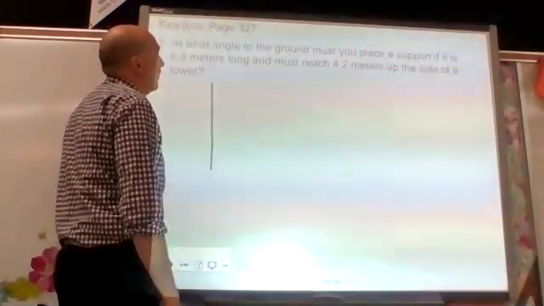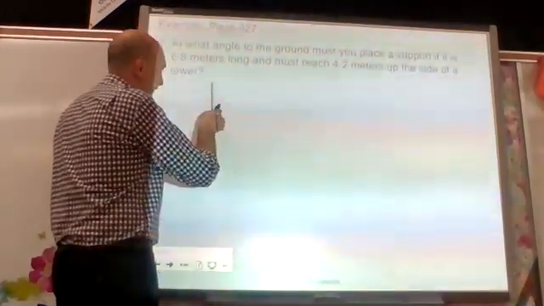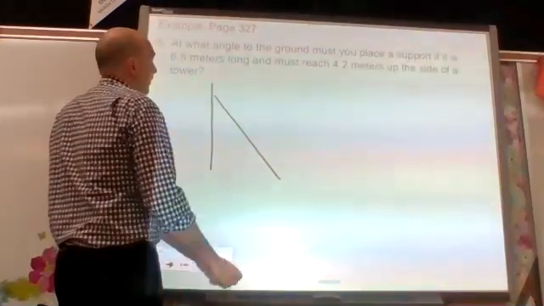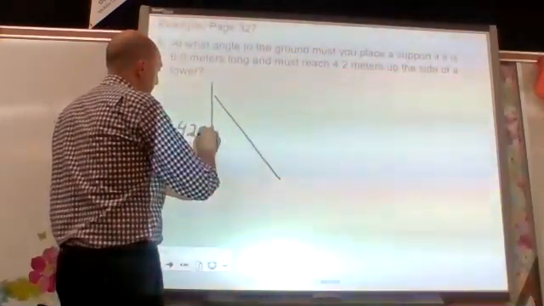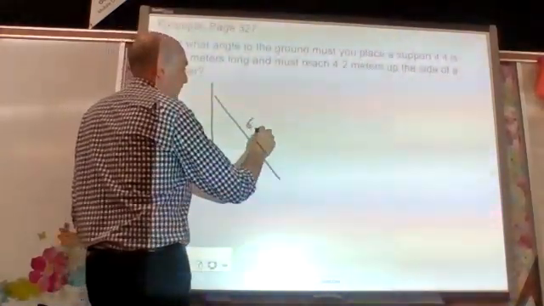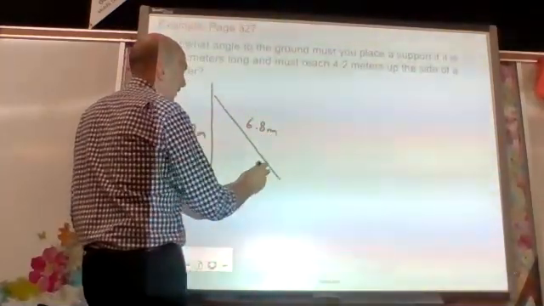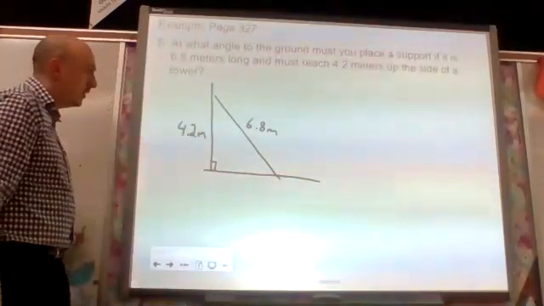I've got a support placed at an angle that reaches 4.2 meters up the side of the tower. It's 6.8 meters long. This is the ground. The tower is straight up and down.